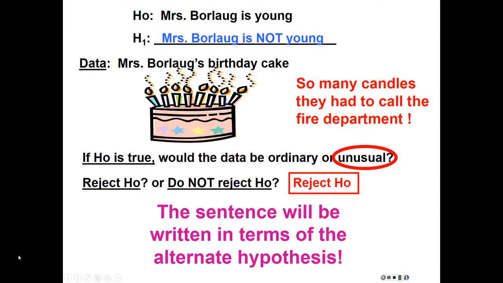But the sentence that you write at the conclusion of these is always going to be written in terms of the alternate hypothesis, not the null. The conclusion always references the alternate hypothesis. So if we have rejected H0, what does that tell us about the evidence? Does it support H1 or does it not support H1?